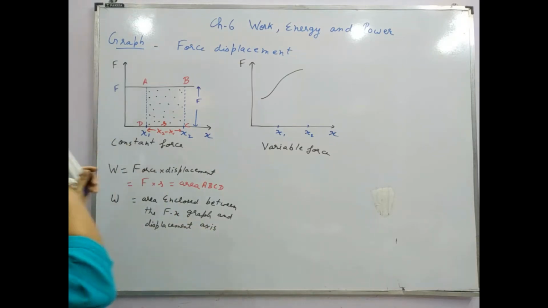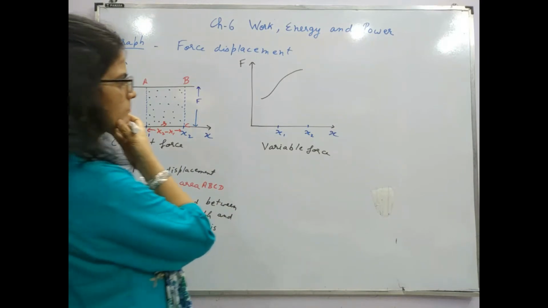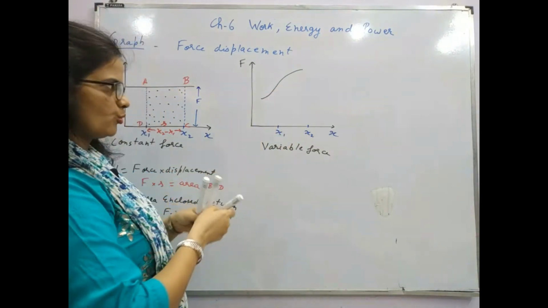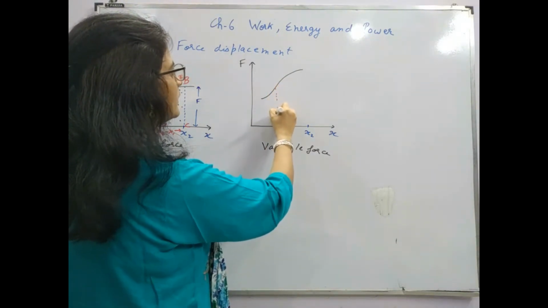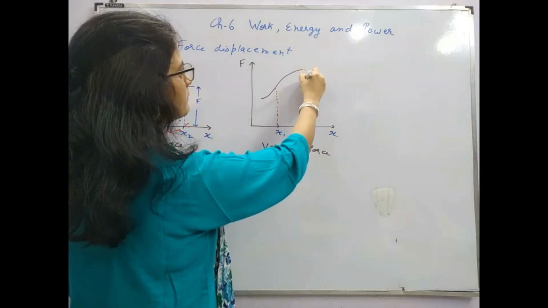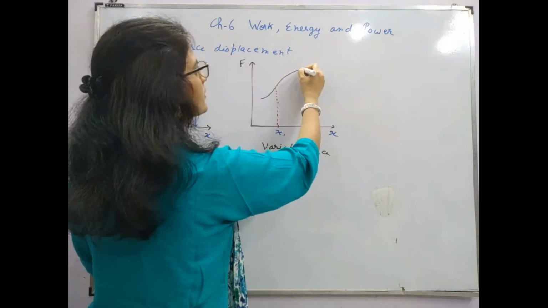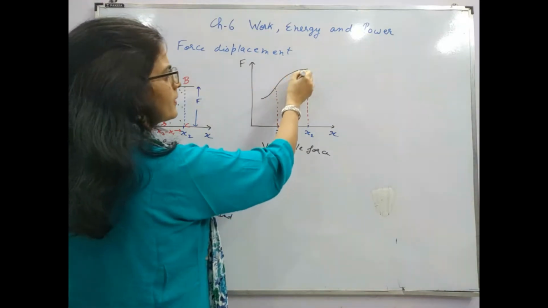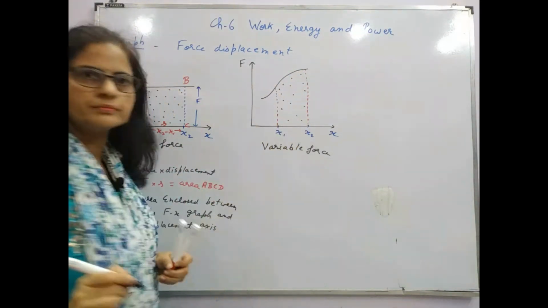Right? So what if we have to find the work from this graph? Now we have to find the work between x1 and x2. So first of all, we have to mark the area. That means we have to find this complete area, right?